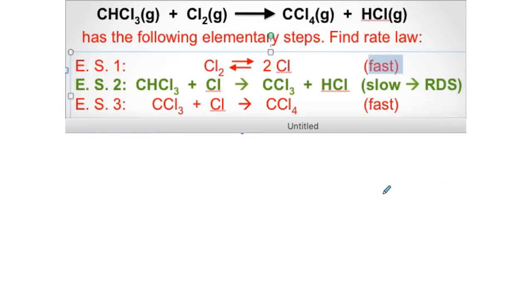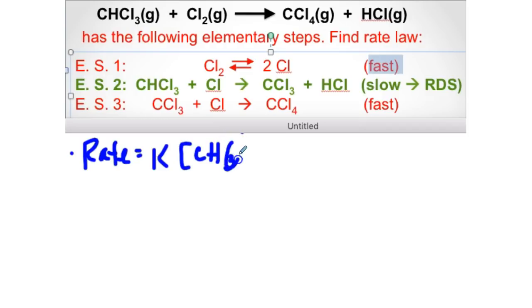Okay. So rate is equal to K, and the rate determining step is this guy. So we use the reactants from the second elementary step, and then Cl. And then we normally stop there, right? But we have a problem.